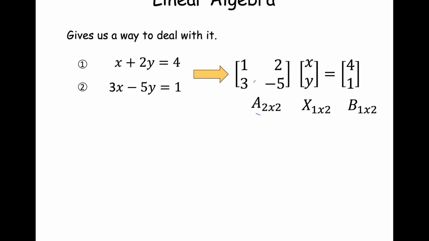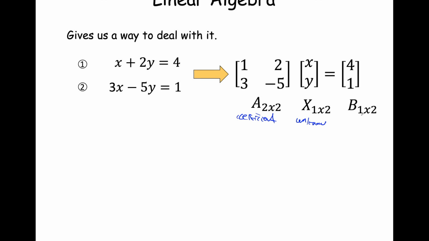And so now we have our matrix A. We're going to call this our coefficient matrix. We have our matrix X, it's 1 by 2, and this is going to be our unknown, or our variable matrix. And then this B, that's going to be our result matrix, or it's just this set of scalars.